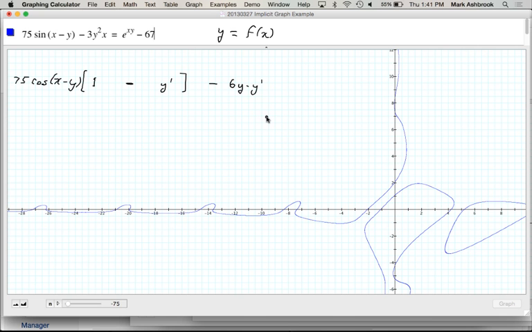So by the chain rule, we would need the derivative of the interior function, which is y prime. Okay, then minus 3y squared times the rate of change of the second, 1. So there's our product rule.